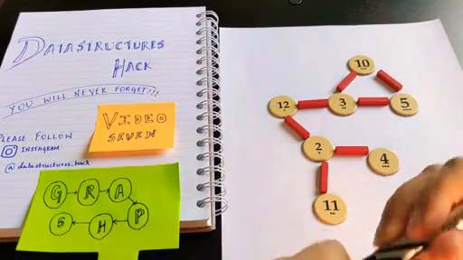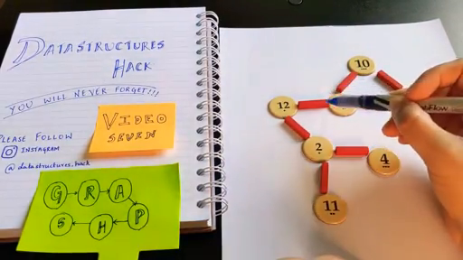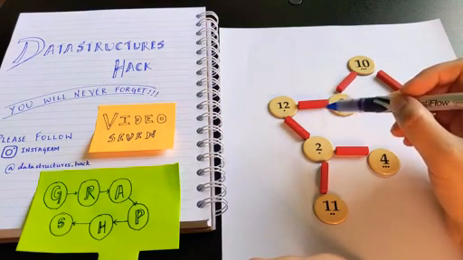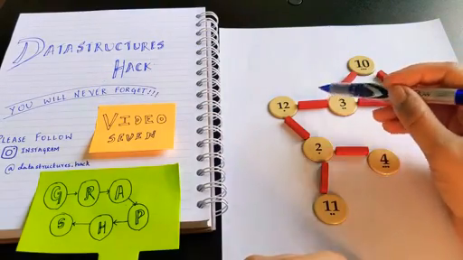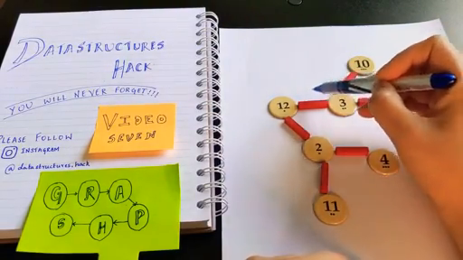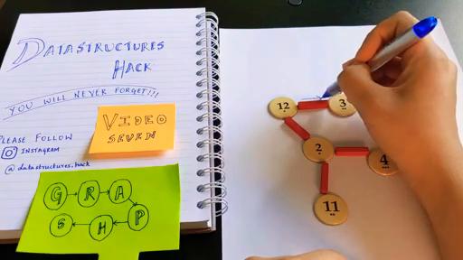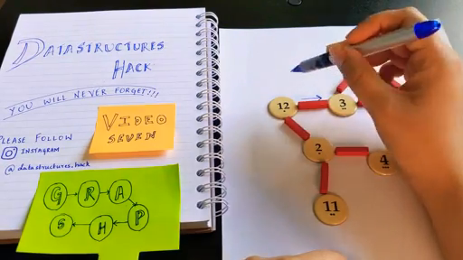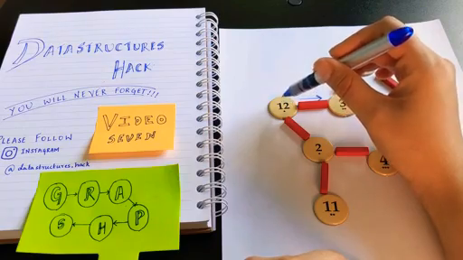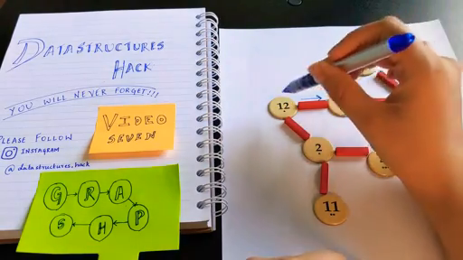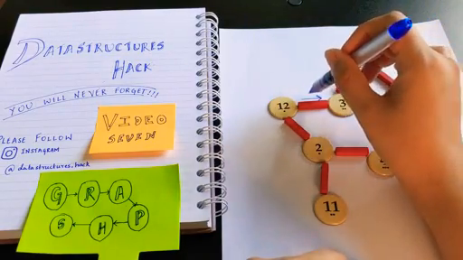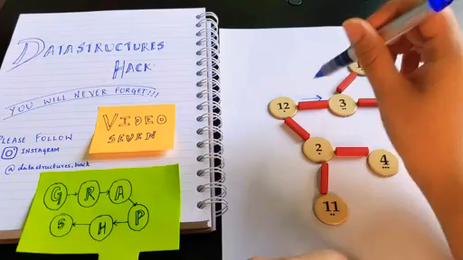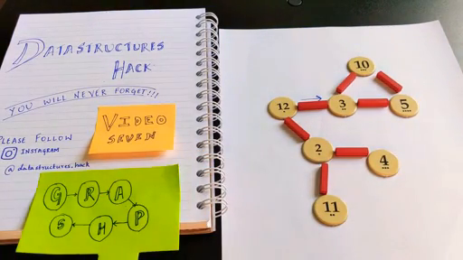For example, if I start adding an arrow mark over here where there is a pointing, then it will become a directed graph. If I add an arrow which says the edge is pointing from one to another, then that means we can reach 3 from 12, but we cannot reach 12 from 3 because the direction of the arrow shows which way it is traveling. Okay, so that is a directed graph.